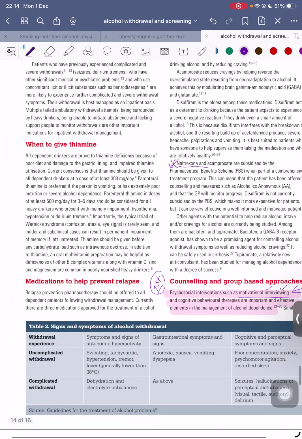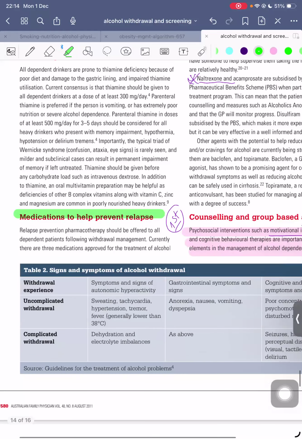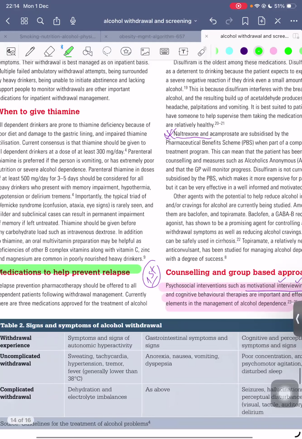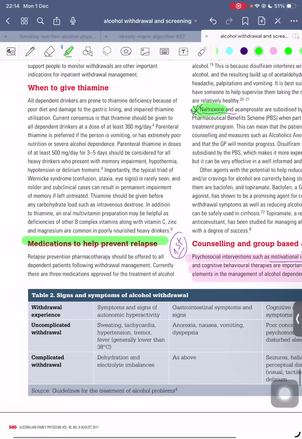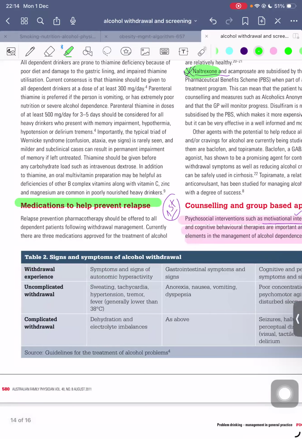Medication to help prevent relapses. Here, to prevent relapses, we are considering some medication. Of all of that, naltrexone is the main thing, because in emergency also they are mainly focusing on this one, naltrexone.